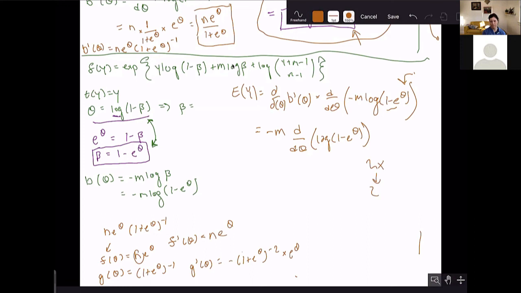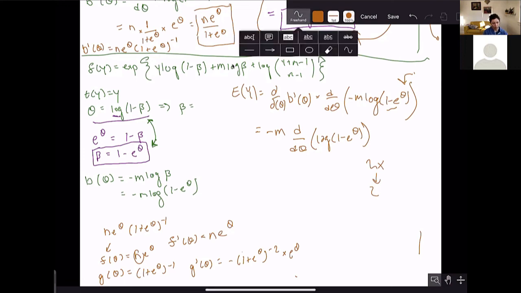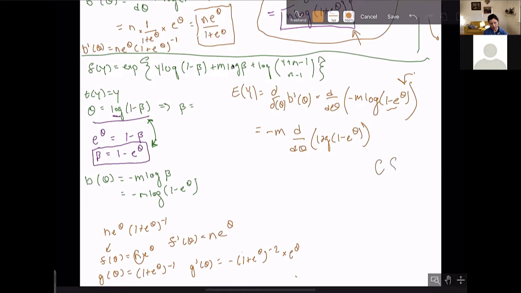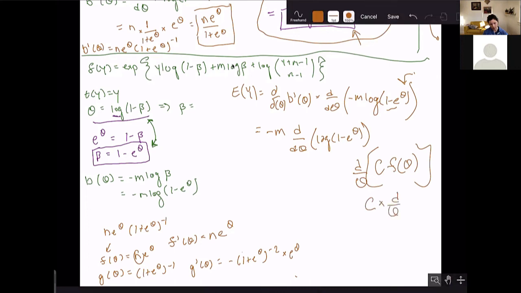But the derivative of e of theta is e of theta. So I think that's why it's confusing me, because I'm trying to use that same logic, but it doesn't quite correlate. So the rule is if you have some constant times some function of your variable theta, the derivative with respect to theta of that whole term is going to be the constant times the derivative with respect to theta of the function.